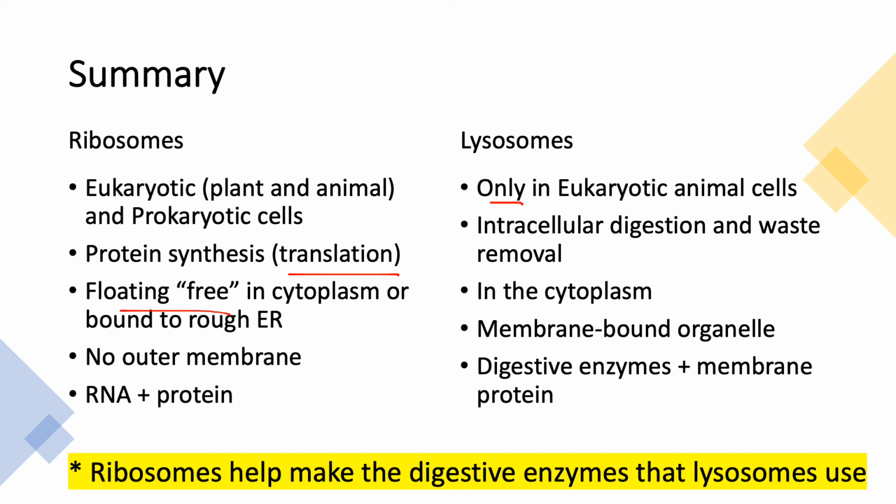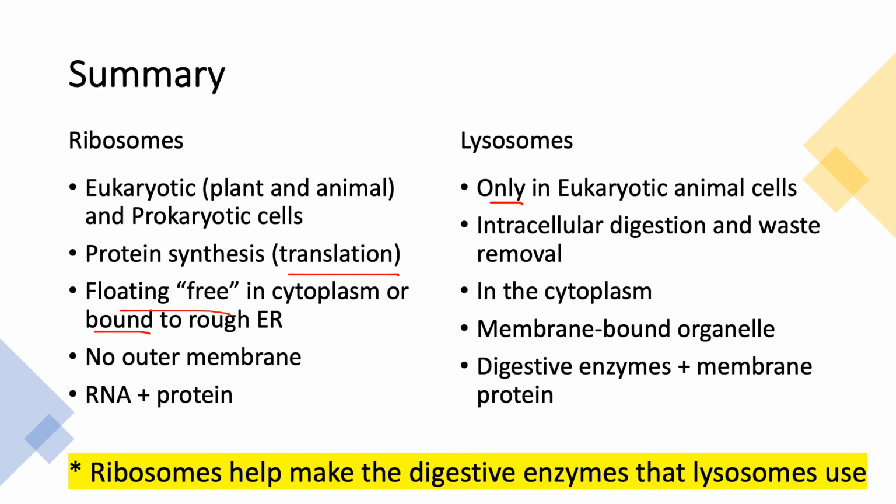Ribosomes can either float free in the cytoplasm or be bound to the rough ER, whereas lysosomes are always floating around in the cytoplasm. Remember, ribosomes have no outer membrane, whereas lysosomes do. And ribosomes are made up of RNA and protein, while lysosomes are made up of digestive enzymes and protein.